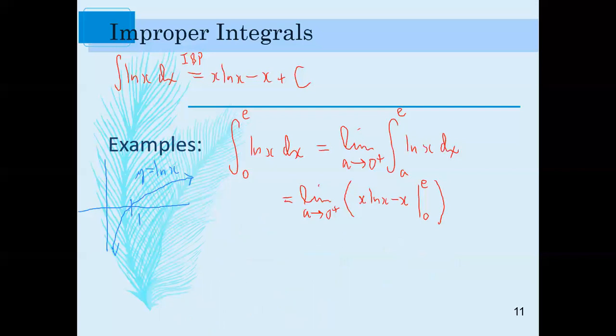Okay, so that way you can see it clearly.